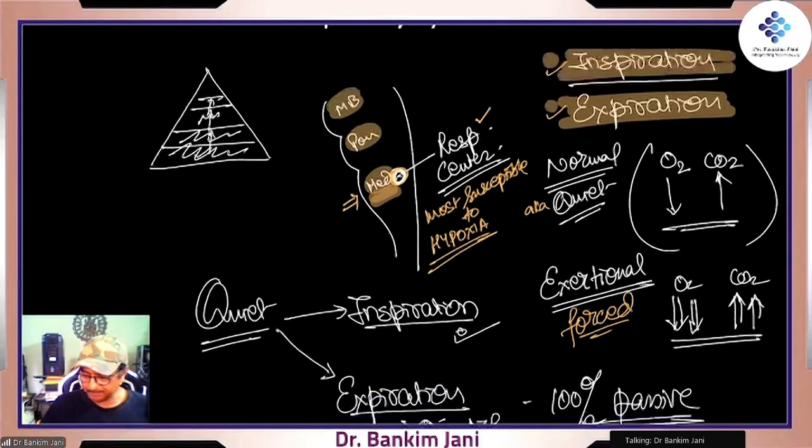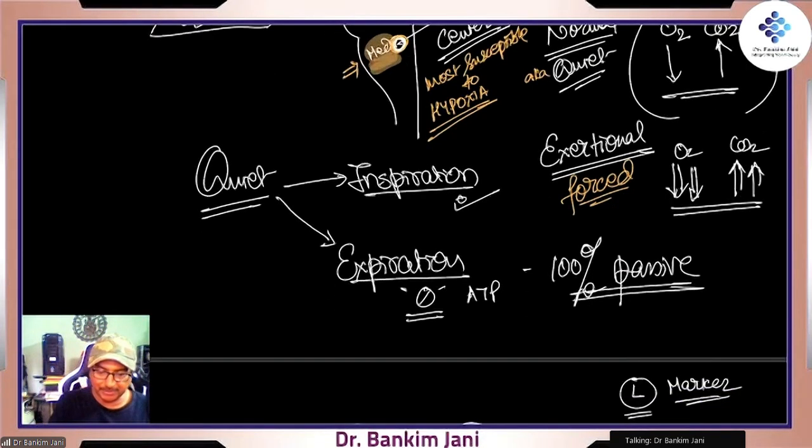Two types of respiration. One is called quiet respiration, the respiration which is going on in you and me right now. We are not straining, we are just sitting. That is quiet inspiration, quiet expiration. In inspiration, energy is used. In expiration, it is zero energy. ATP is the currency of our body.